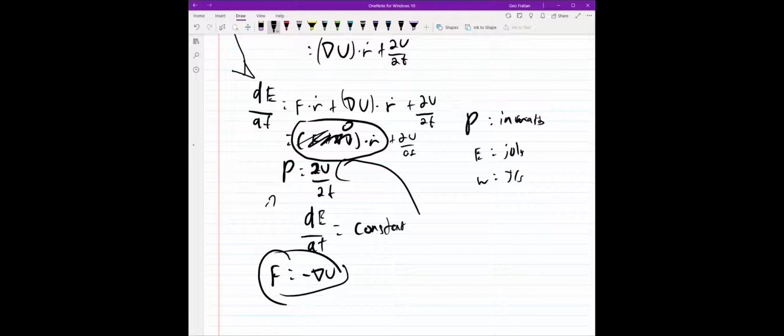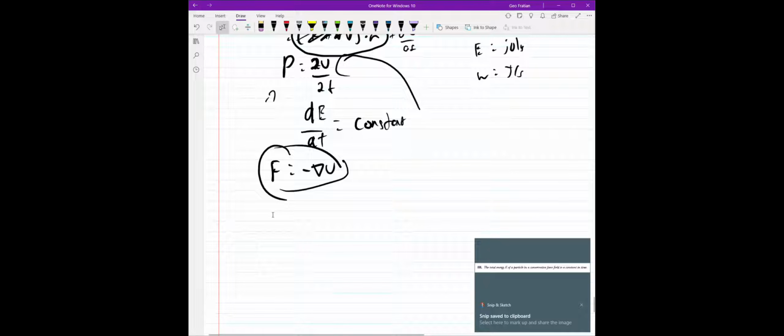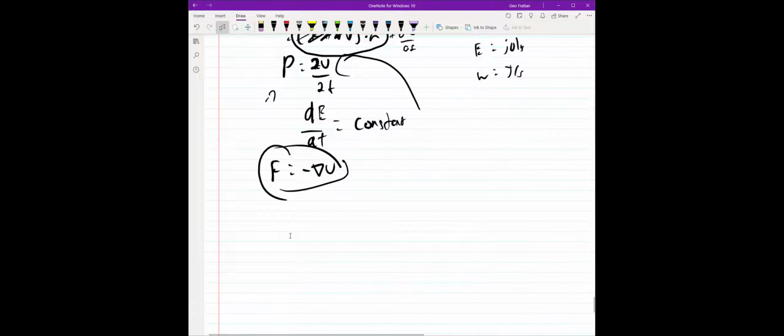In other words, the total energy of a particle in a conservative force field is constant in time. Okay. Good.